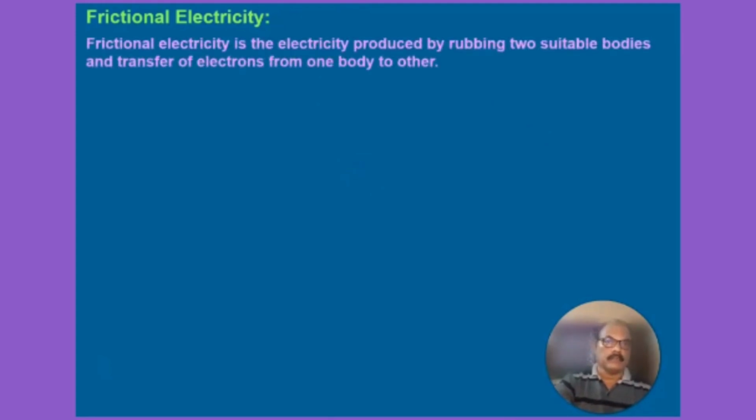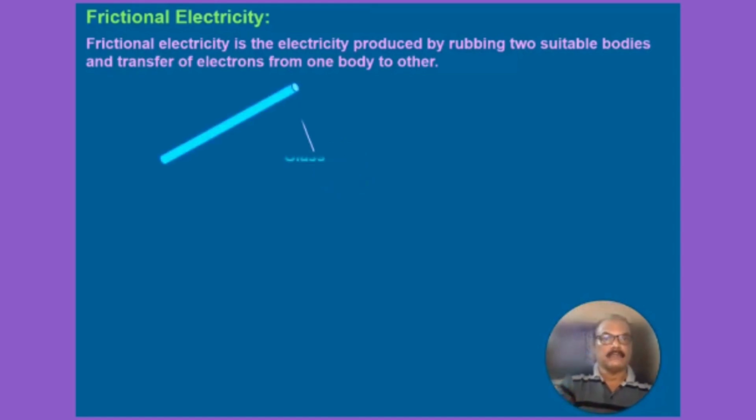What is frictional electricity? Frictional electricity means when two bodies, suitable bodies, are rubbed with each other, charge will be produced. That is what I am going to tell you now.